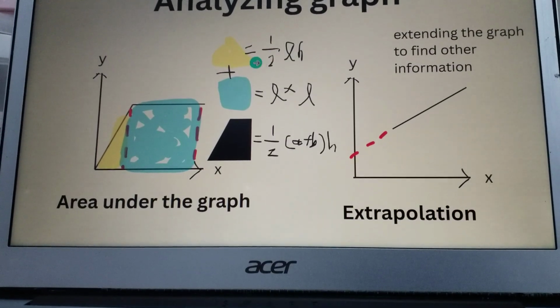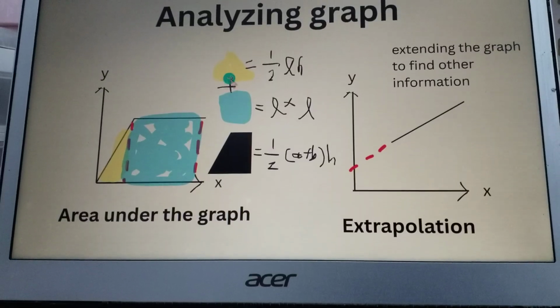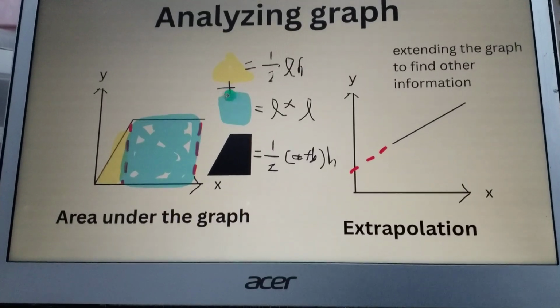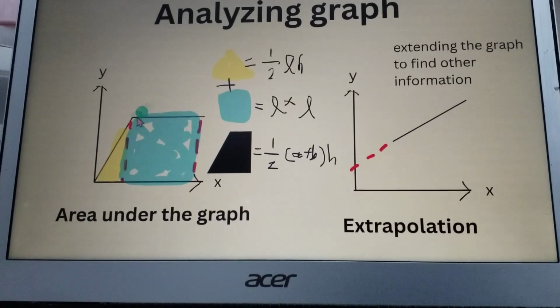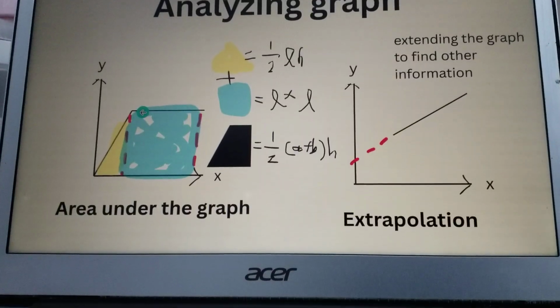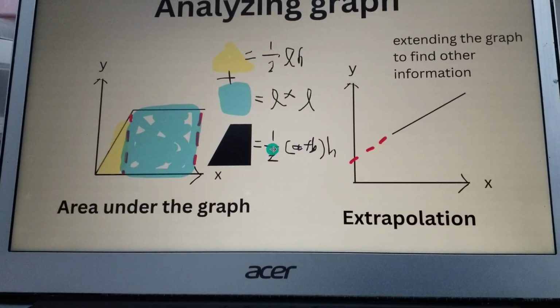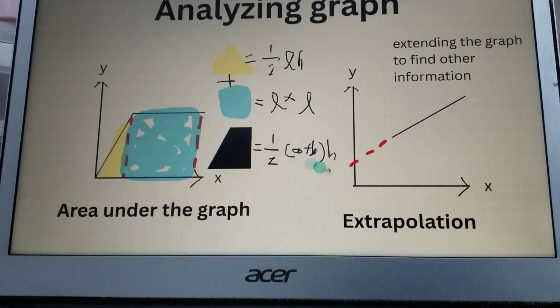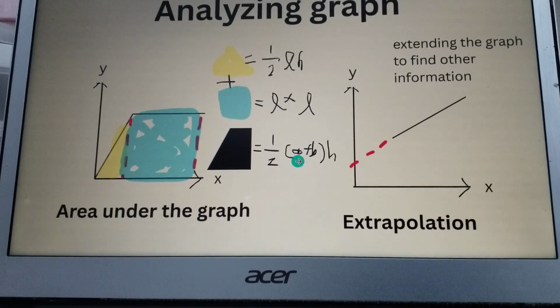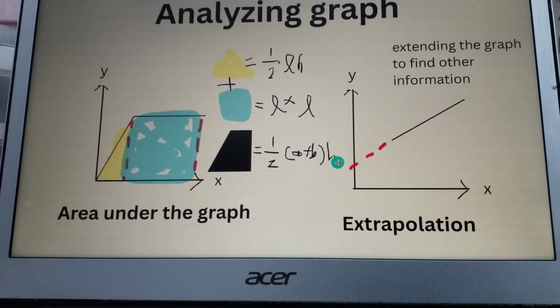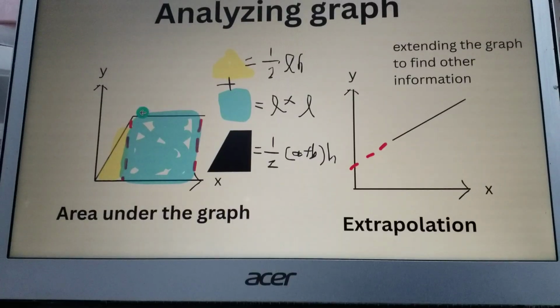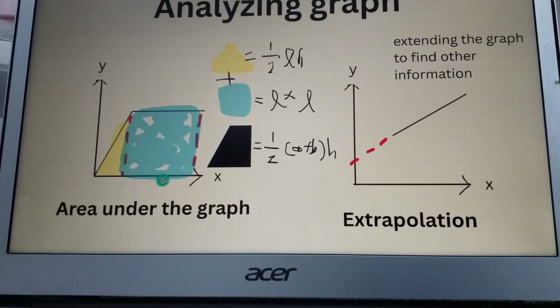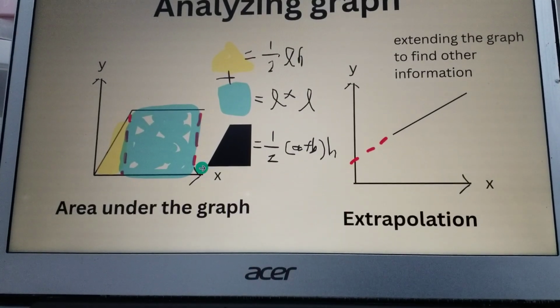After that, you need to add the triangle and the square together, and then you'll get the area under the graph. But for quickly, we can just use the formula for trapezium, because this is a trapezium. The formula is 1 over 2 times a plus b times height. So the a is this one, the b is this one, and the height is this one.